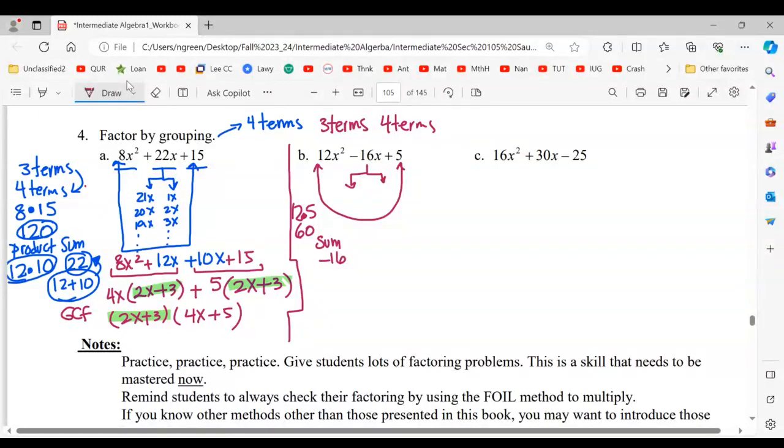Negative 16. What are the two numbers that multiply to give 60? 6 times 10. So if you add them, negative 6 and negative 10, it will give you how much?